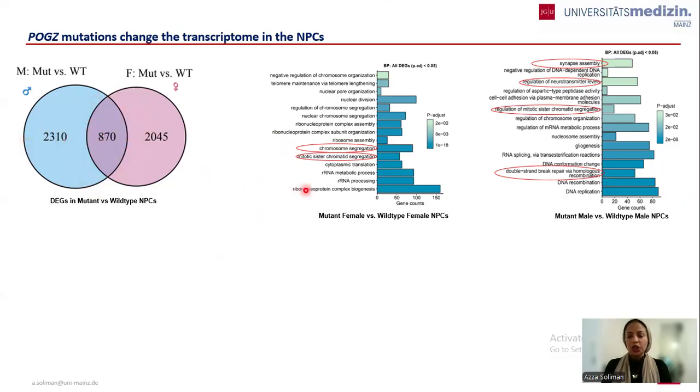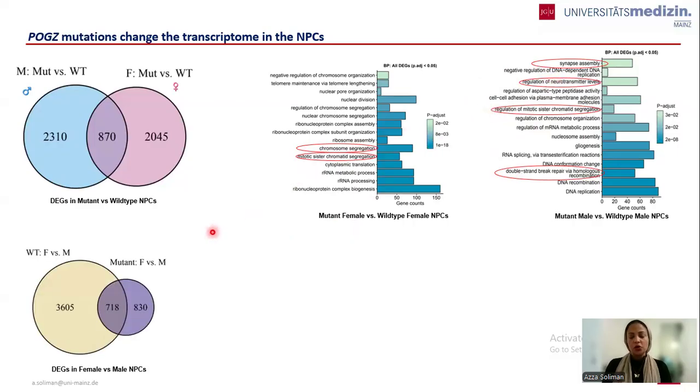When we look at the GO terms, we could see that a lot of the DEGs are enriched for chromosome segregation, mitotic sister chromatid segregation in the mutant female. And this is also the case in the mutant male, related to chromatid segregation, but what also popped up more are GO terms involved in double strand break repair and in synapse assembly.